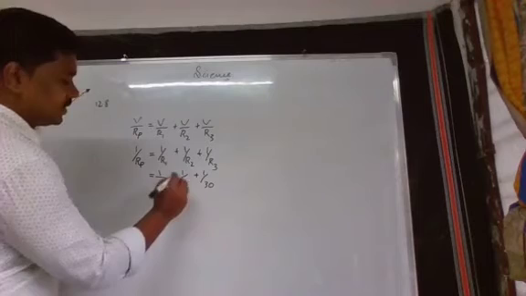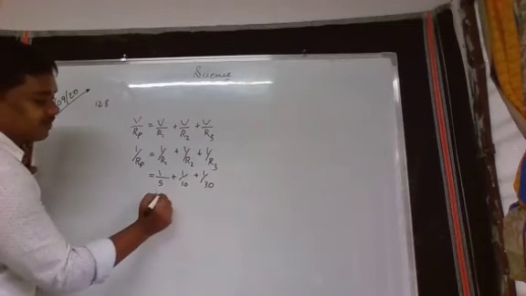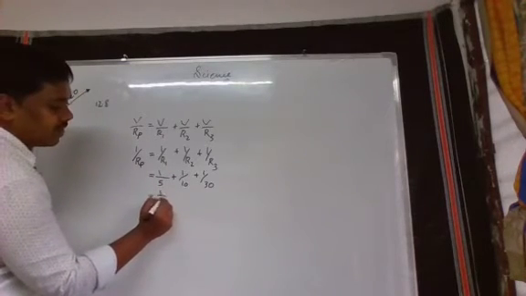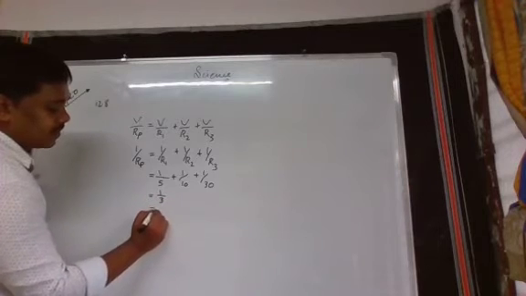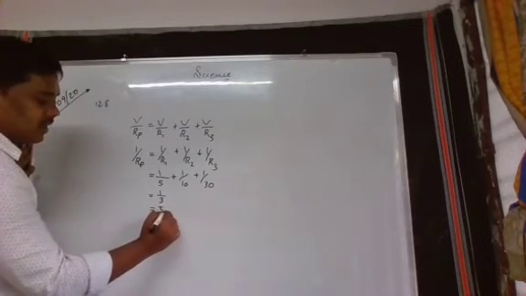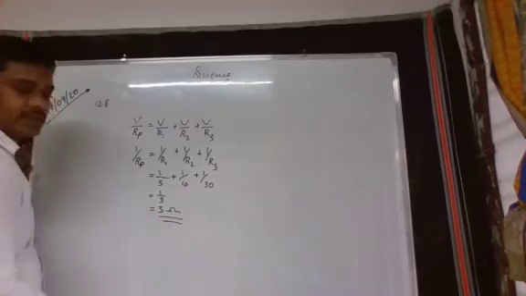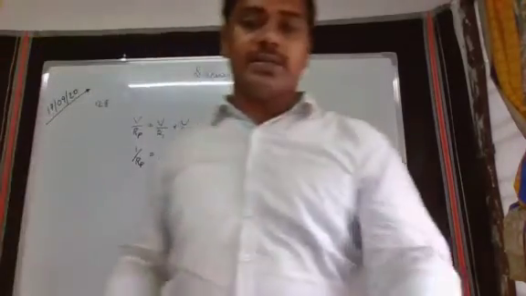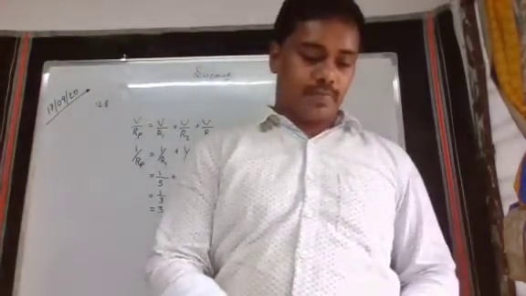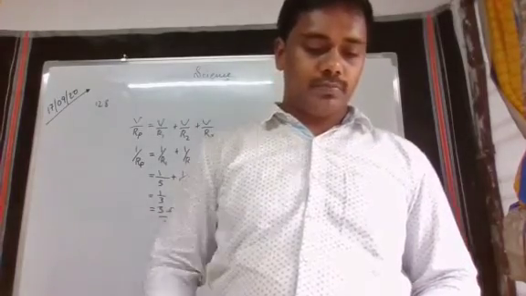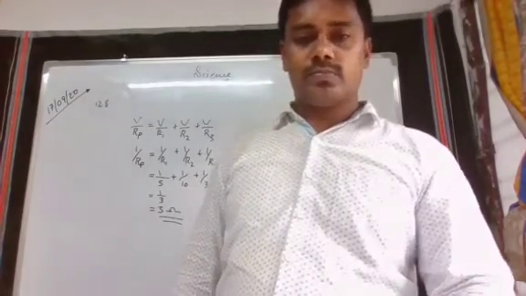Taking the LCM, we will get 1 by 3, and the resistance is 3 ohm. Rp is equal to 3 ohm.